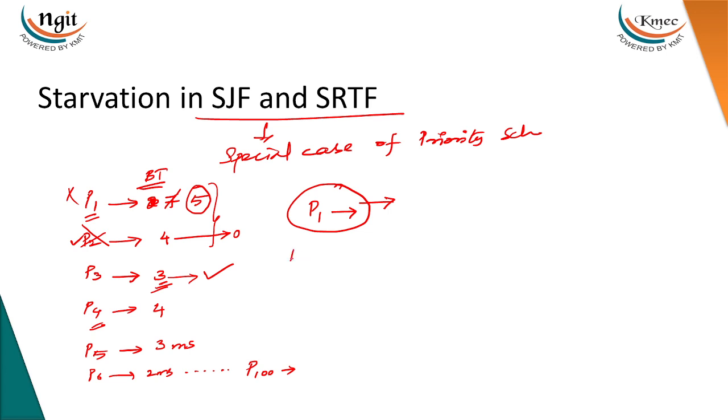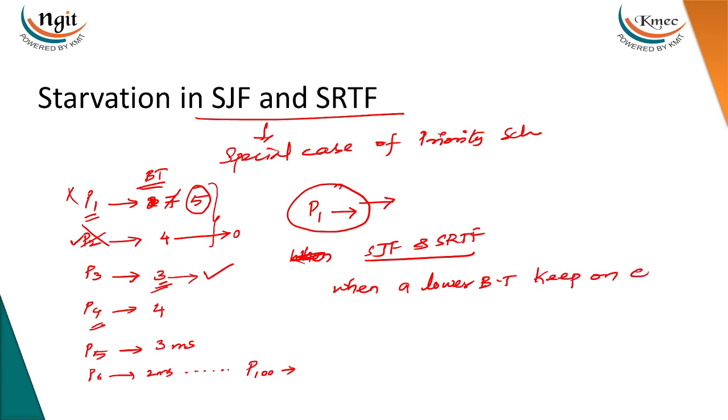That is, in SJF and SRTF, when lower burst time processes keep on coming into the system, the higher burst time process has to wait an indefinite amount of time.